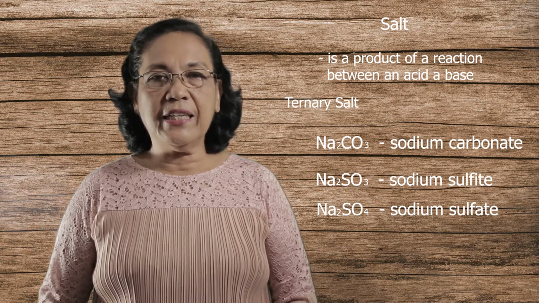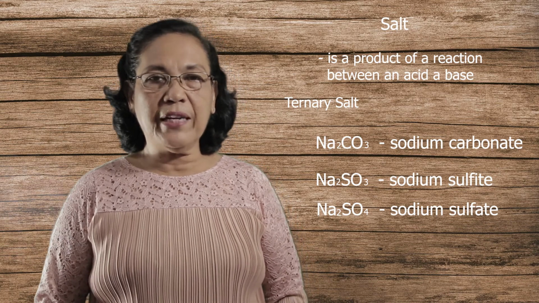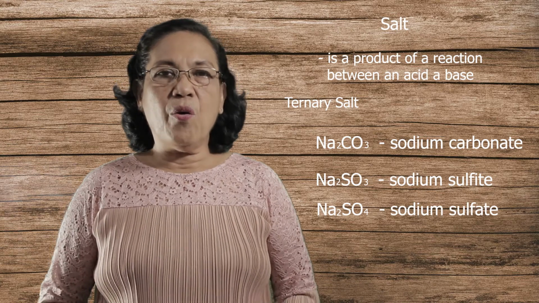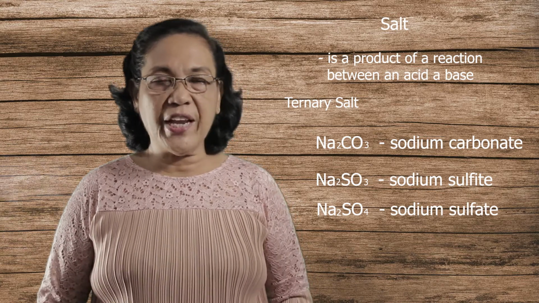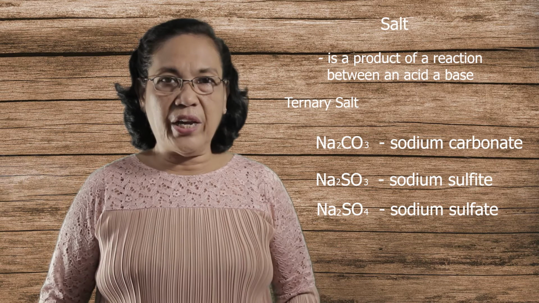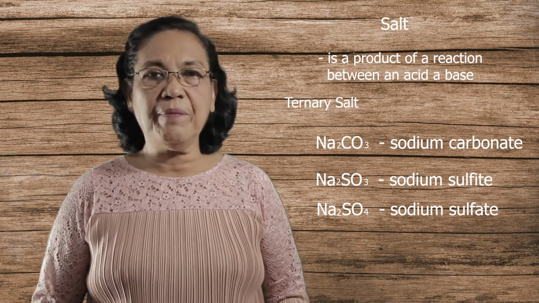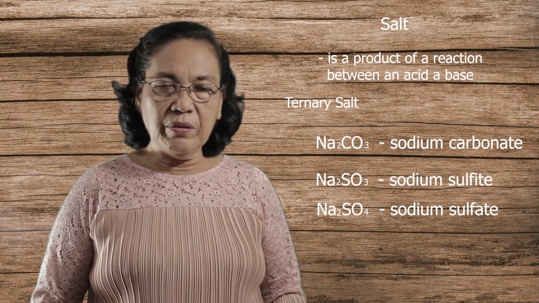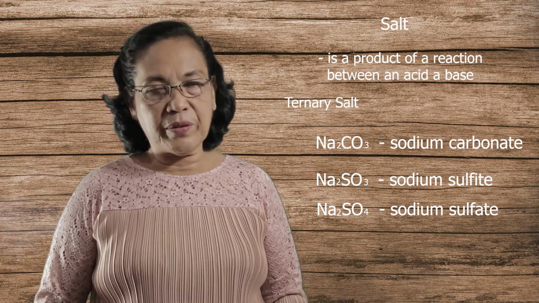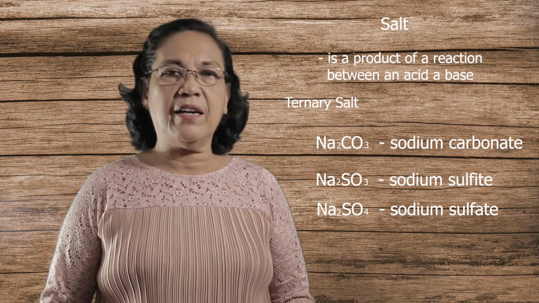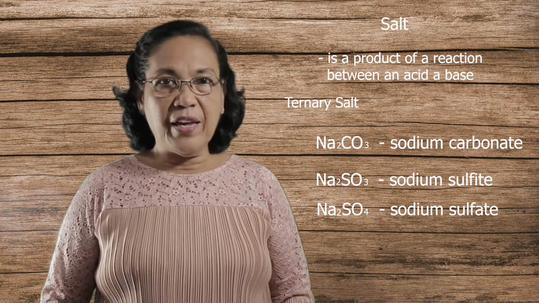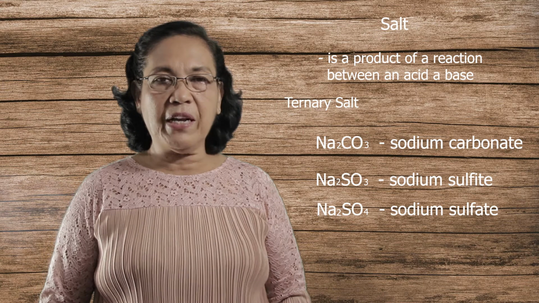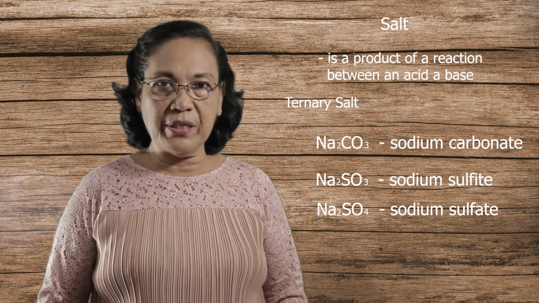Another is the magnesium carbonate. Magnesium has a charge of +2, while the carbonate has a charge of -2, exchanging charges to become the subscripts. So you have Mg2(CO3)2. Since their subscripts are the same, you can reduce it to its lowest terms, and it becomes Mg1CO3 1.